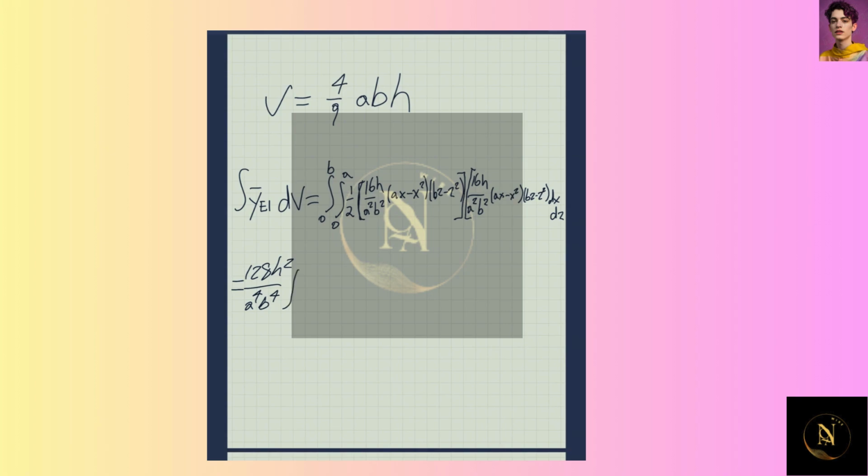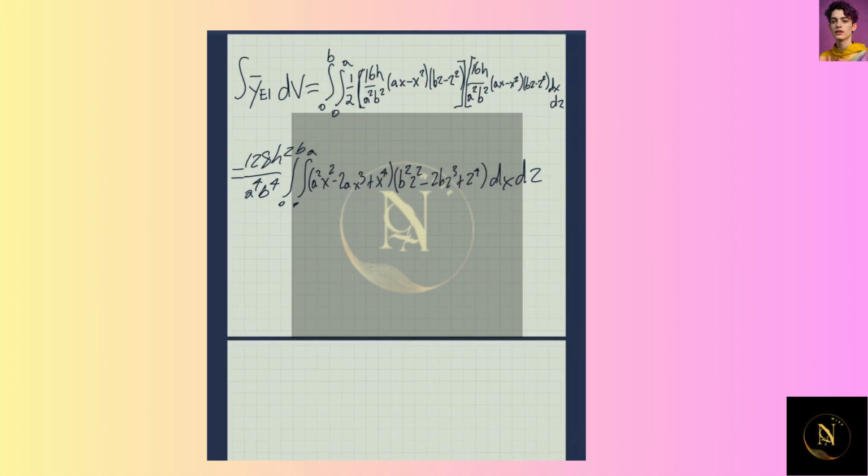And so simplifying this so that we can integrate it, you get 128h squared over a to the 4th b to the 4th, integral from 0 to b and 0 to a of (a squared x squared minus 2a x cubed plus x to the 4th) times (b squared z squared minus 2b z cubed plus z to the 4th) dx dz.